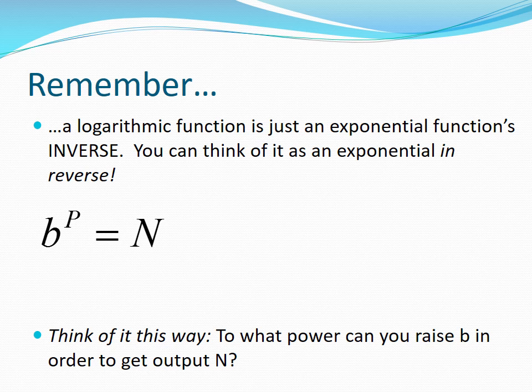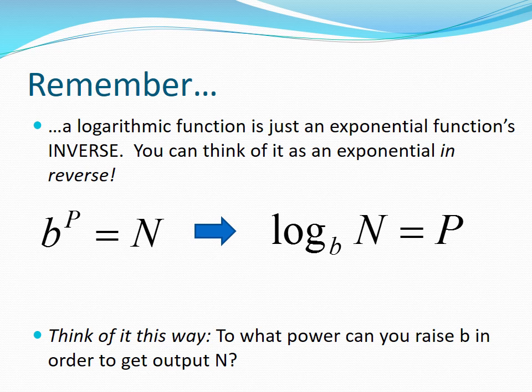Okay, so if we start with saying that some base b is being raised to a power p and the output is some number n, that's an exponential. And if we rewrite that as a log, it becomes this. Log base b of n equals p. So stuff moved around, but it's not just that it moved around.